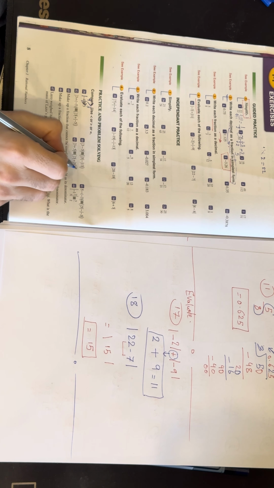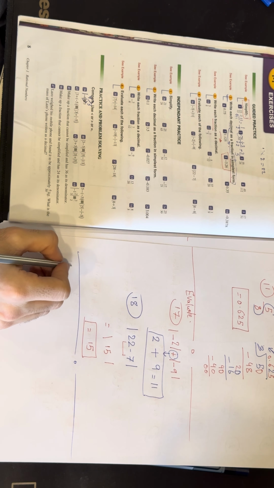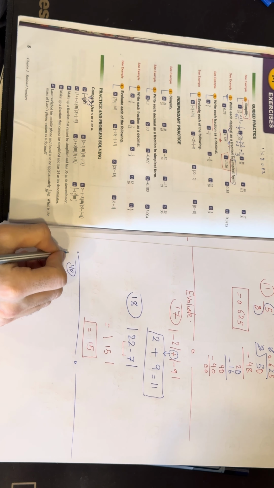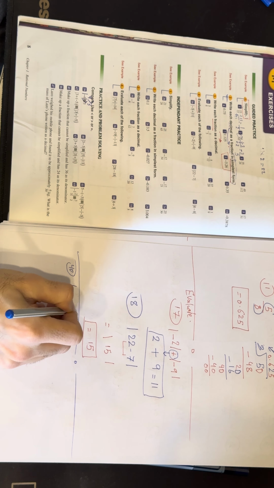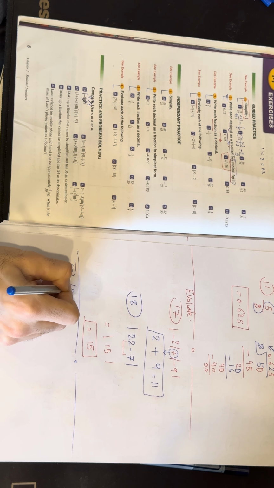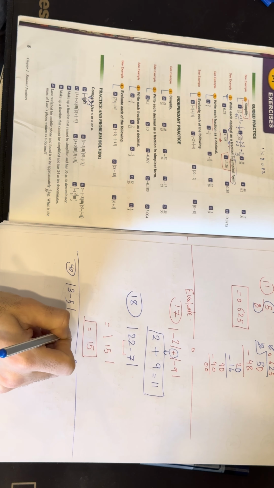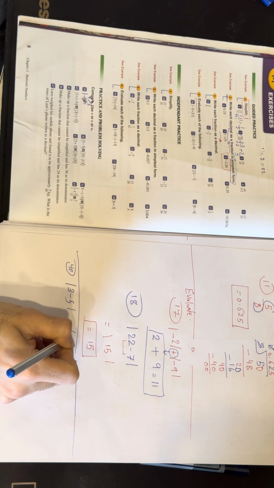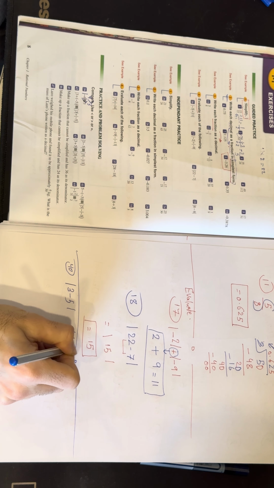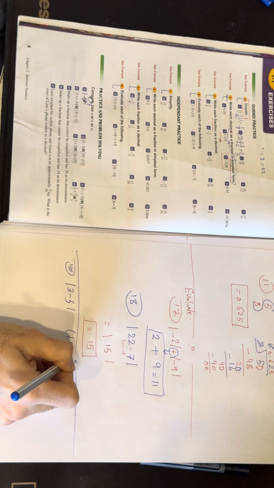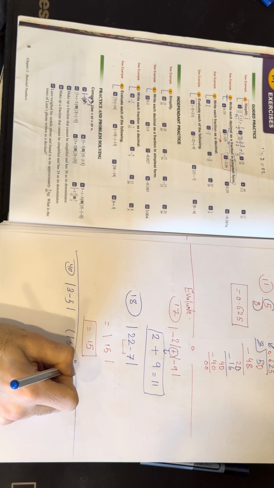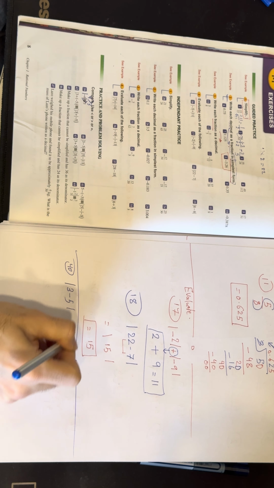Then we have another type of question like this one, question 40. You need to solve it, then you're going to decide what it is. Then on the other side we have brackets. Inside the bracket we have 5 minus 13, then close the bracket.